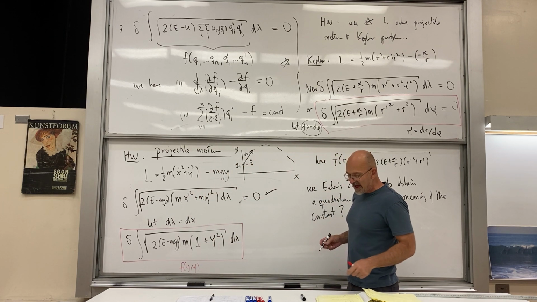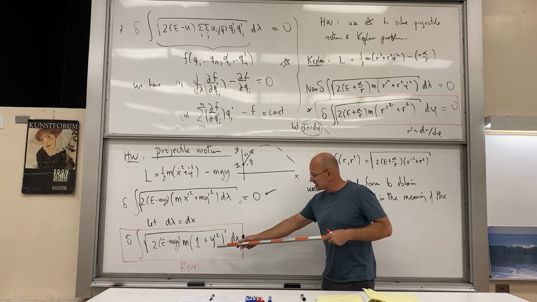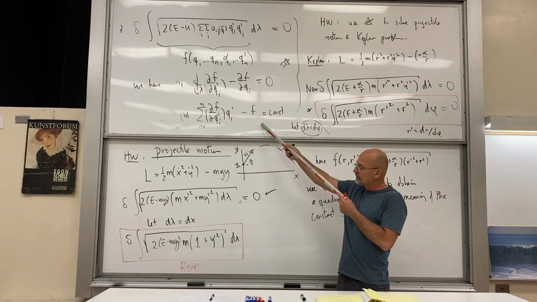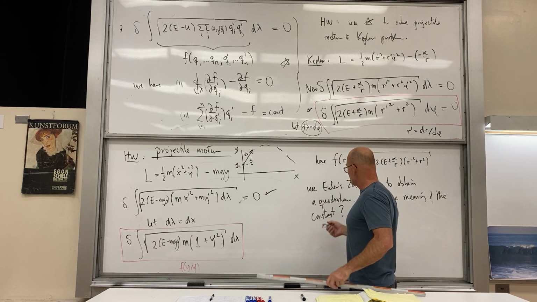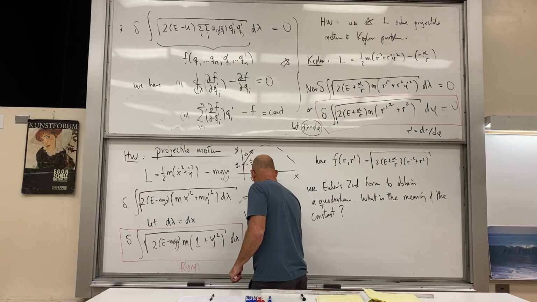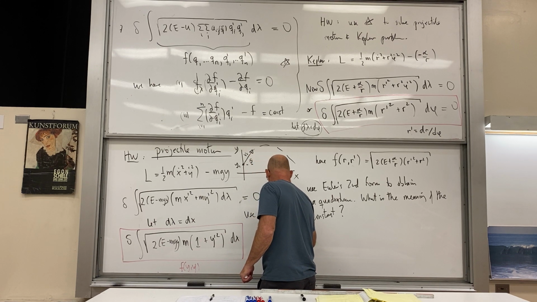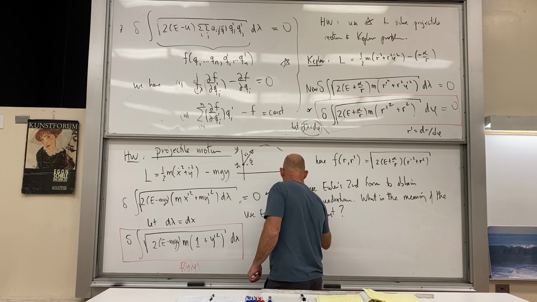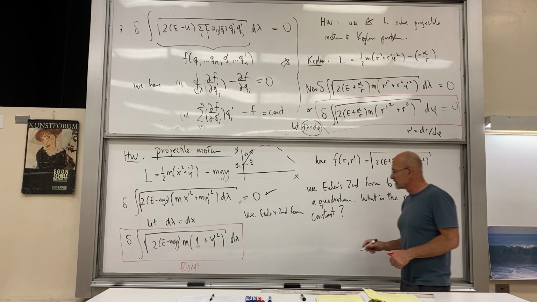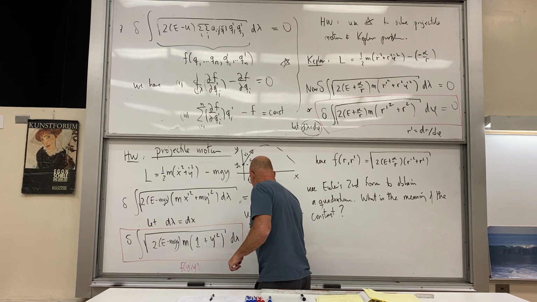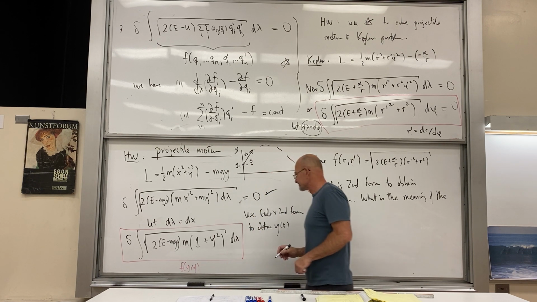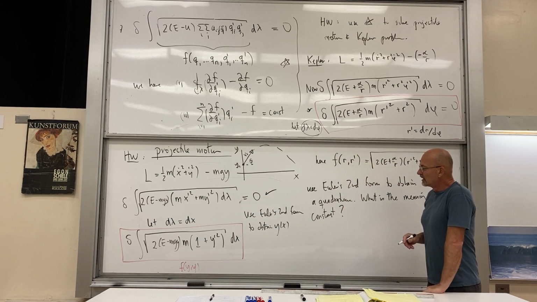Again, when you have something like this and it's one variable, Euler's second form is your best bet. So in terms of this one also, use Euler's second form to obtain y of x.